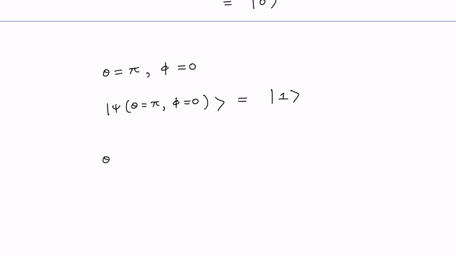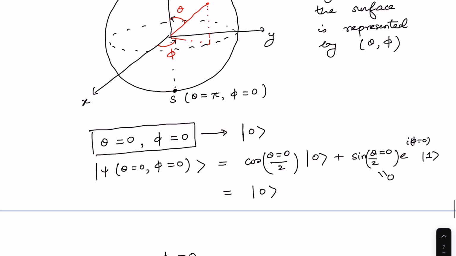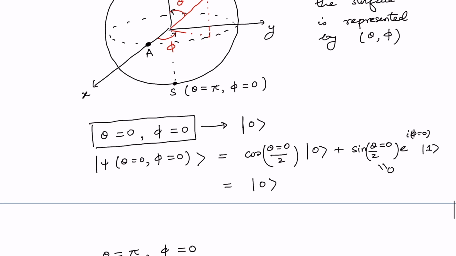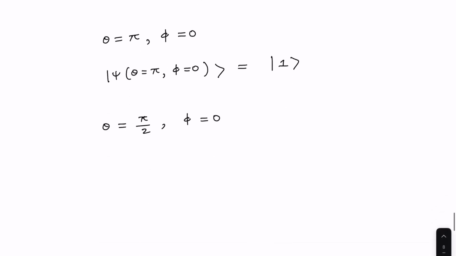For example, if I take theta is equal to pi by 2 and phi is equal to 0, this particular point is actually this point, let's say point A. You see theta is equal to pi by 2, because if I take the projection of theta in the equatorial plane, its theta value is going to be pi by 2, and phi is going to be equal to 0.